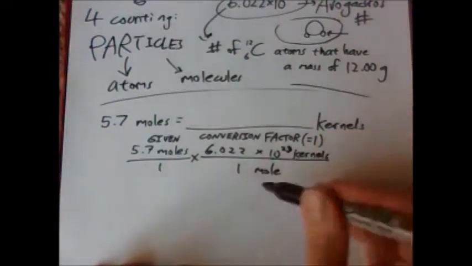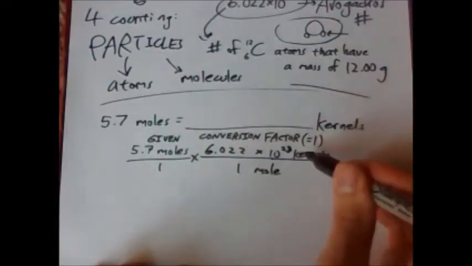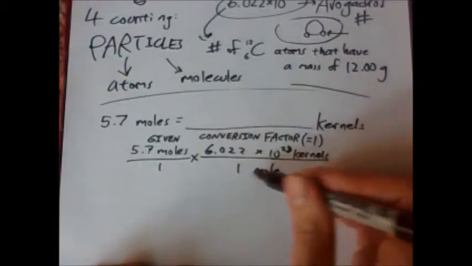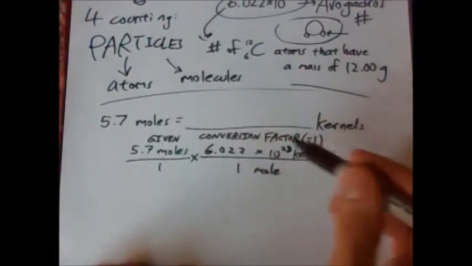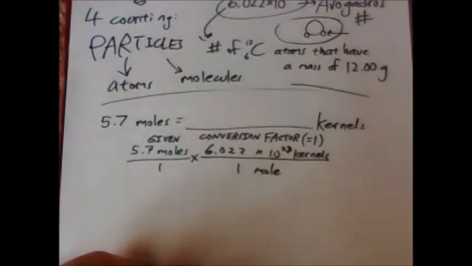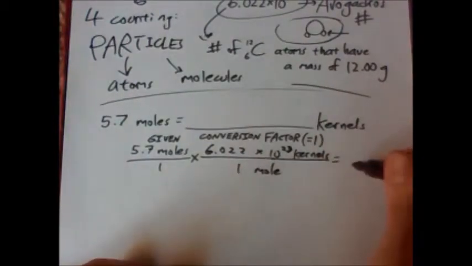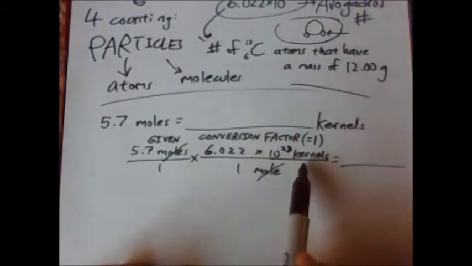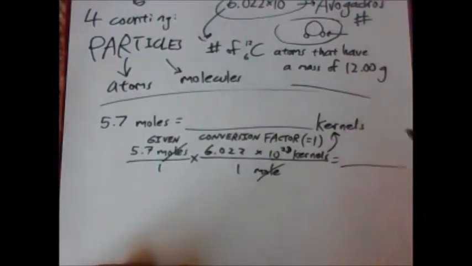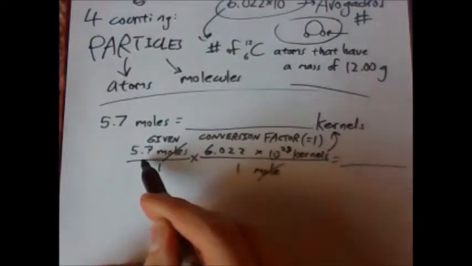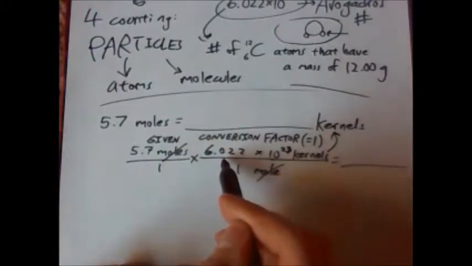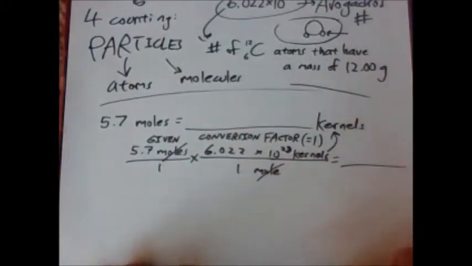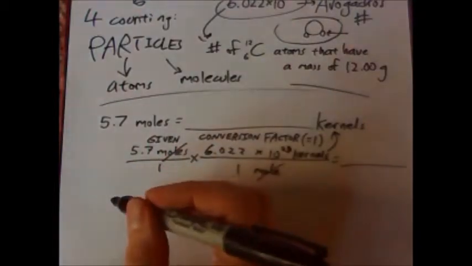Just like 1 dozen would be equal to 12 kernels, or 1 gross would be equal to 144 kernels. And then we simply get our answer. Moles are canceled out, so for the number of kernels, we take 5.7 and multiply it by 6.022 times 10 to the 23rd. I'll let you multiply that yourself.